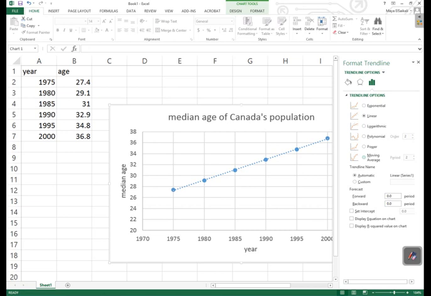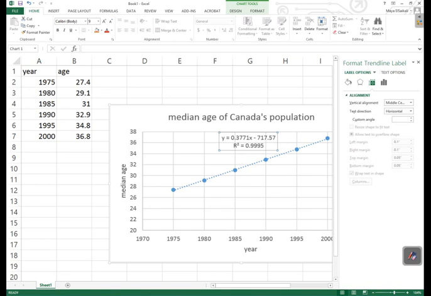Display equation on chart, so at the bottom right here, you have to press display equation on chart, and also display R squared on the chart. So you're gonna see a box that appears on the graph with an equation, as well as the R squared. Okay, the R squared is a very important indication of how well your regression line is fitting your data.